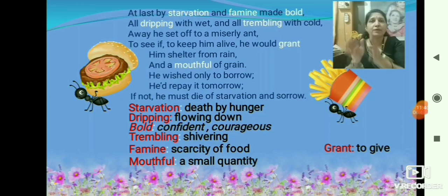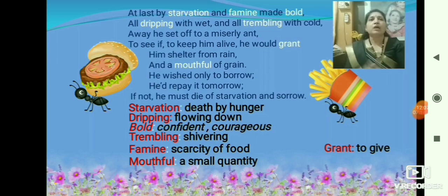All dripping with wet. Means what happened in that winter season with the cricket, that is given here. All dripping with wet. Wet means that he was पूरा गीला हो गया था, है ना, because of snow falling. And all dripping means falling down, whatever drops are on his body, that are dripping, falling down.